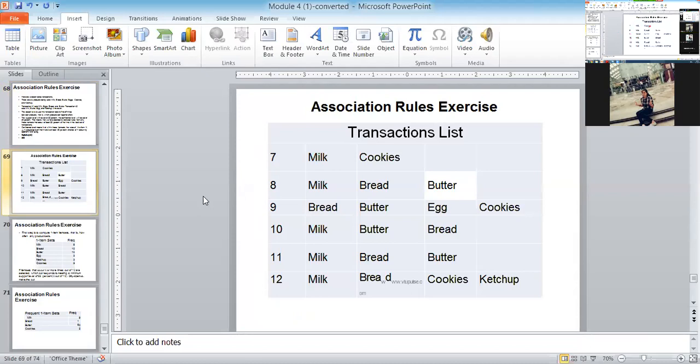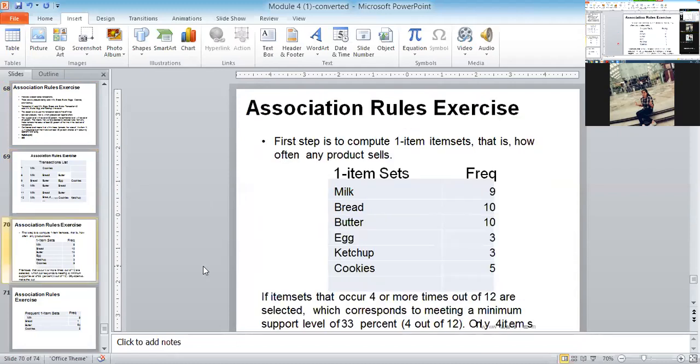Transaction ID, combinations. Now solve the combinations that frequently appeared, and you need to calculate the support here, which we did. How are you going to calculate the support? Support is equal to the number of times occurred divided by the total number of transactions. So then I get the support.